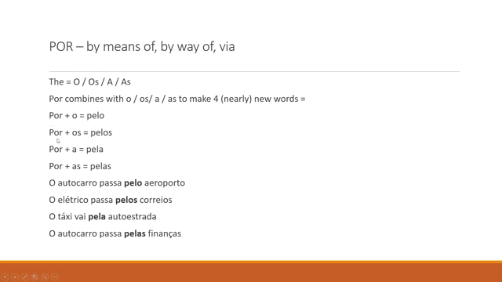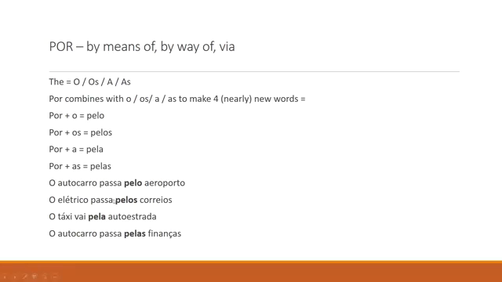This can cause quite a lot of confusion because you might not instantly associate these pelo, pelas, etc. with por. Plus, there's no great indication that we're actually dealing with two words here, unlike English or French or other languages that use hyphens or apostrophes to indicate the missing or truncated words.